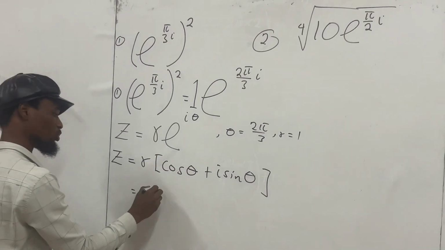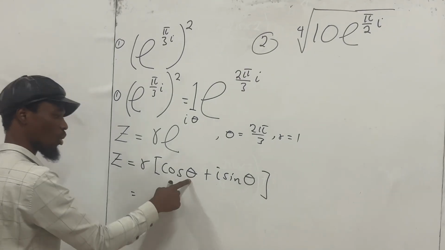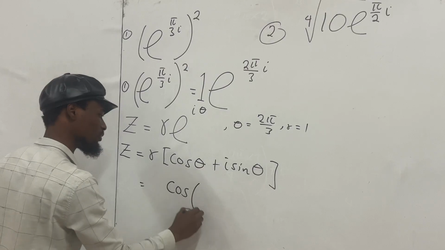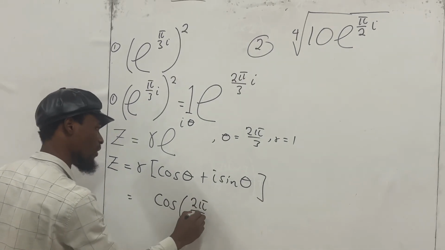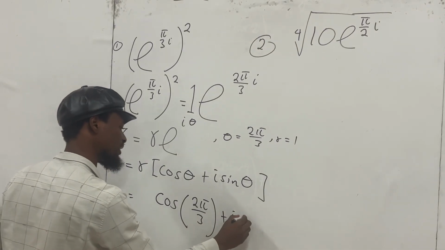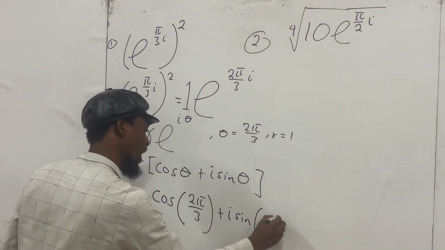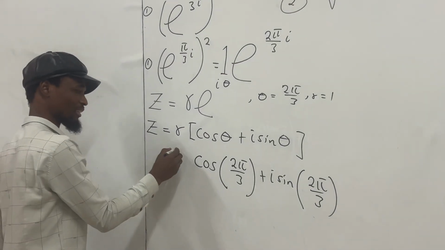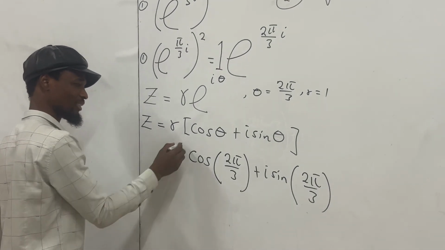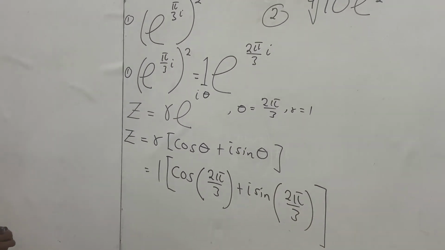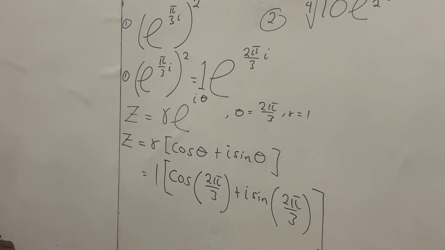So what do we have? Cos of the angle theta, where theta is 2 pi over 3, then plus i sine 2 pi over 3. It's more like 1 over here, multiplying everything. As simple as that.